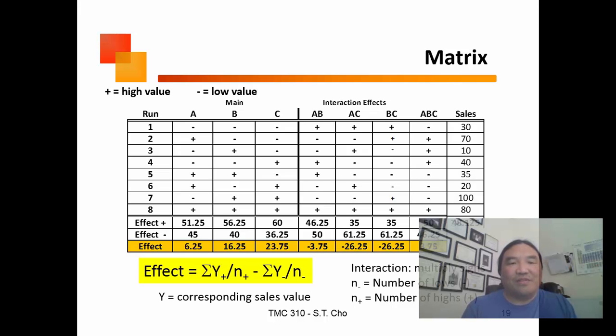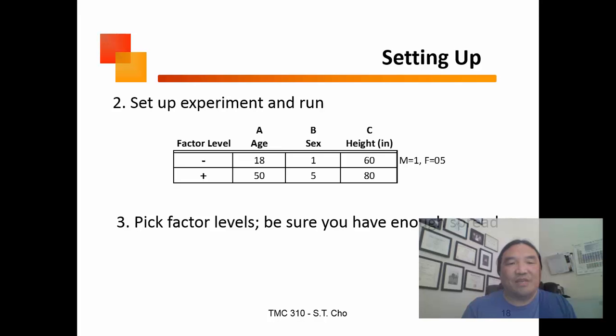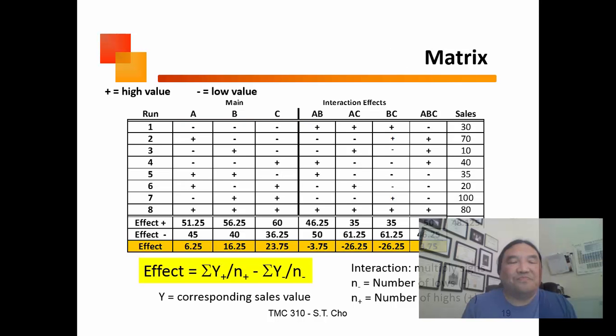the low value, the low value, the low value, which means if I have a person who's 18, who's female, and who's 60 inches tall, what is the likelihood they're going to buy something? And so based on my surveys, the average comes out to be 30.